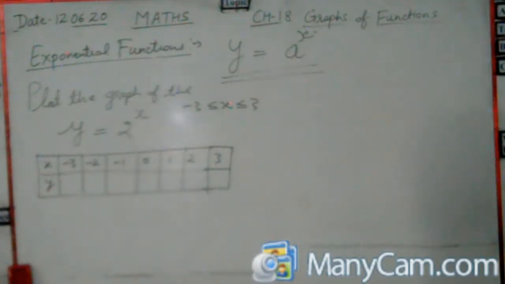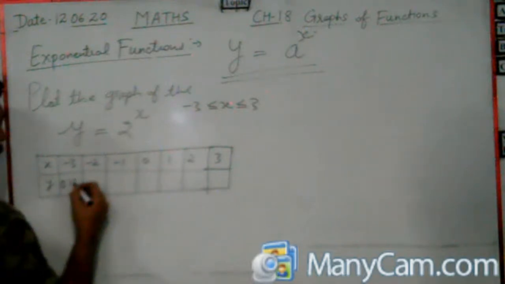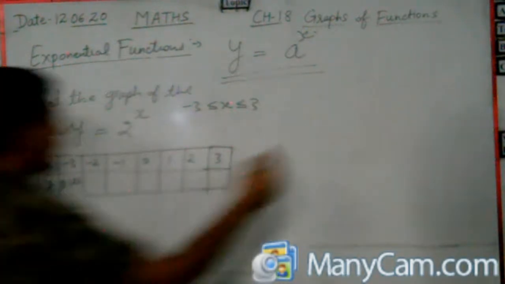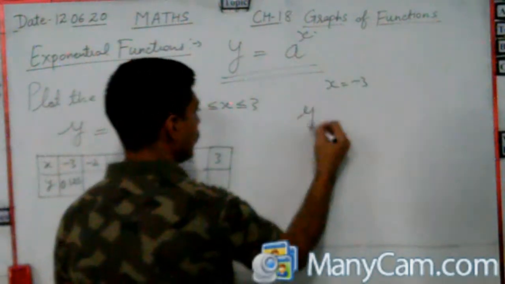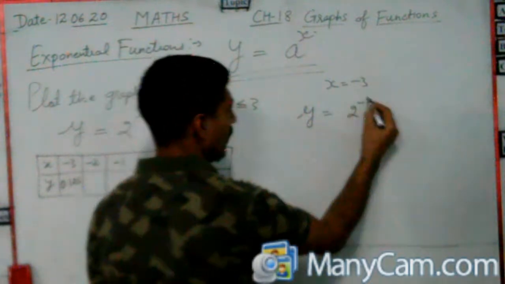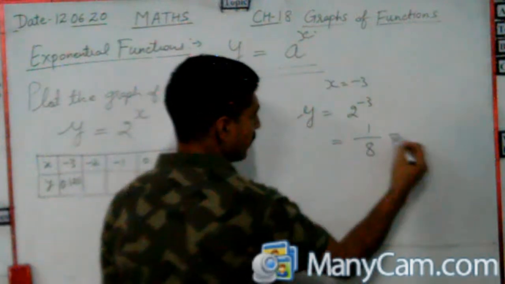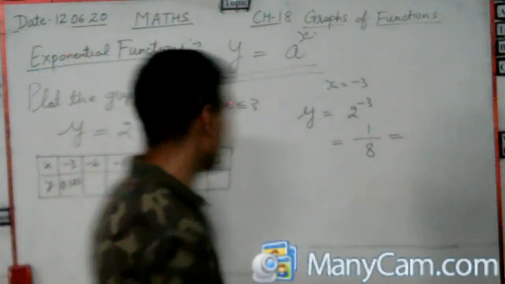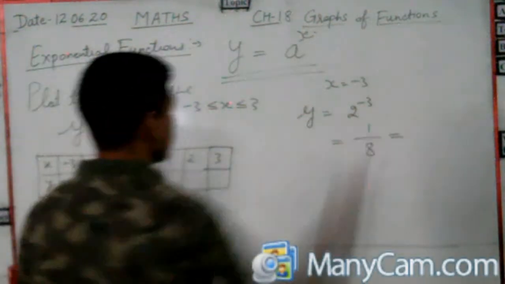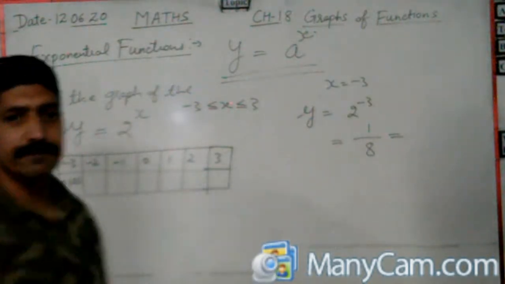X is minus 3, the value of y is 0.125. So how? If x is equal to minus 3, then y is equal to 2 raised to power minus 3, which is equal to 1 upon 8. You can use a calculator to find these values also. So we have 0.125.